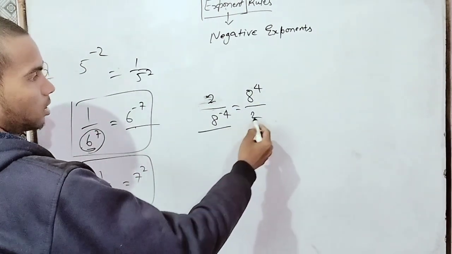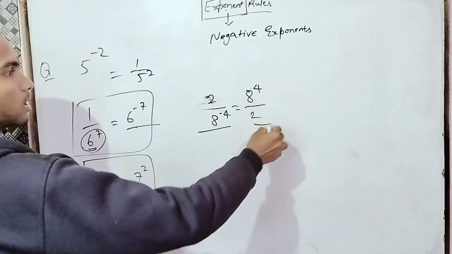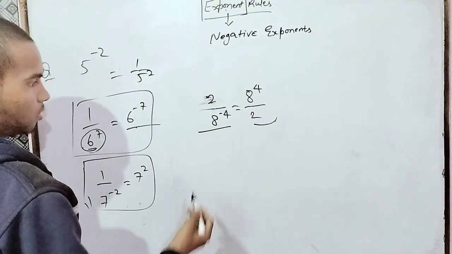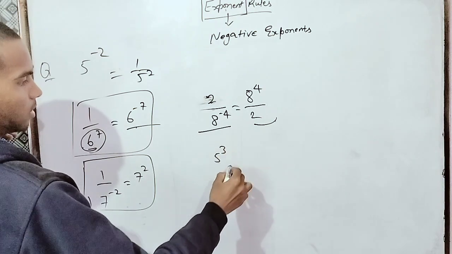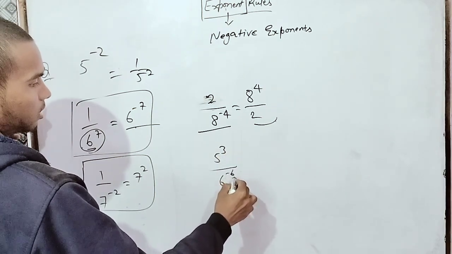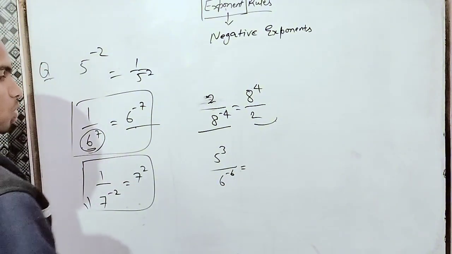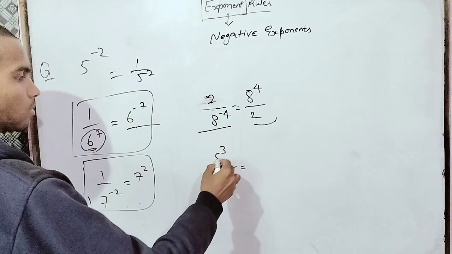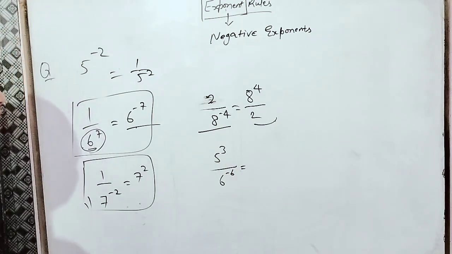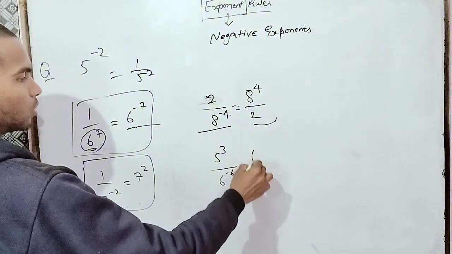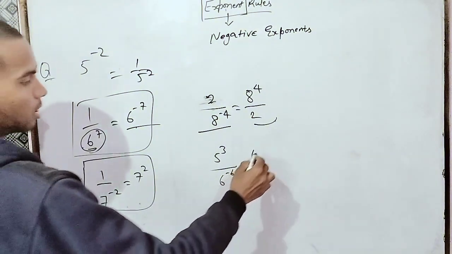So this can be written as this, and this can be written as this. One more, 5, and then 6 minus the 6. So what we are changing is the position to the numerator. We are moving it upward, so of course the sign will change.